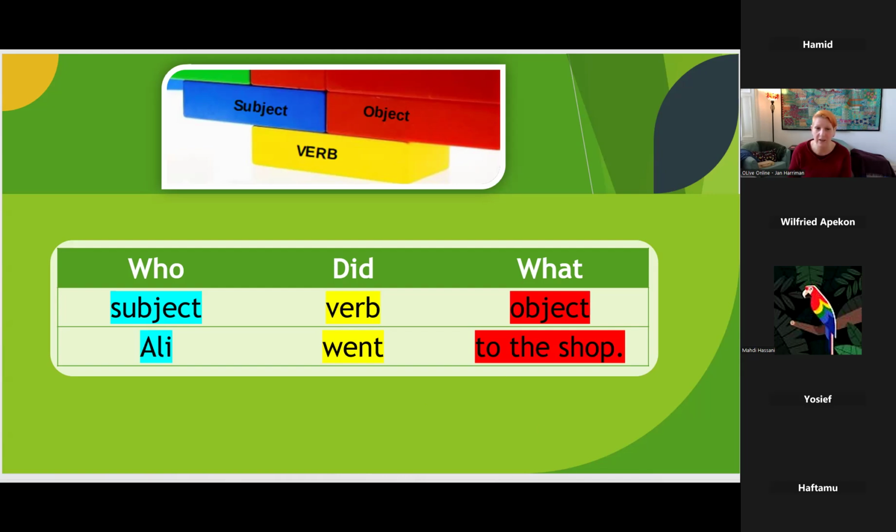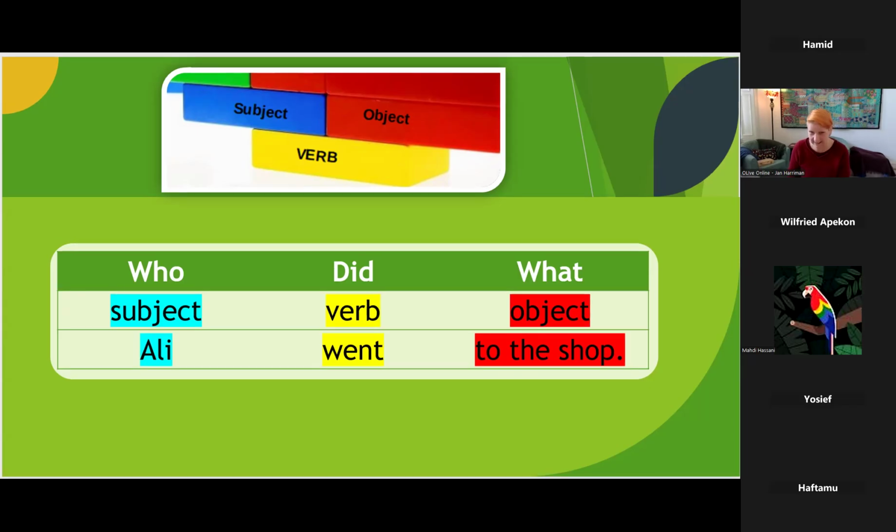When you can find the who did what, then you know you've got a sentence. If you cannot find who did what, double check that sentence. So we've answered two questions. Who did what? Okay, but there's a lot of other questions, aren't there?